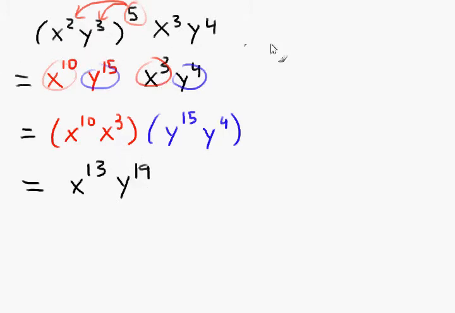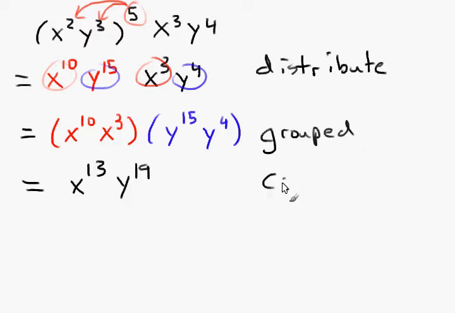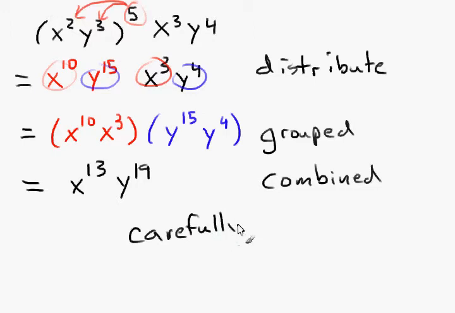So reviewing what we did here, we distributed, then we combined, we grouped, and then we combined. And the key to solving a problem like this is to work carefully and slowly.